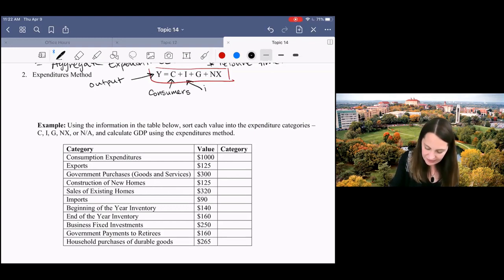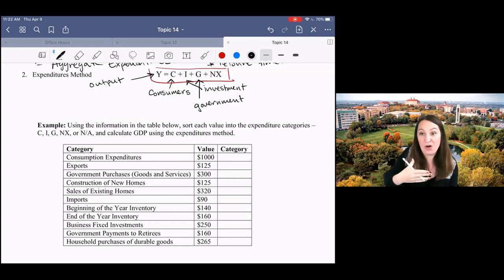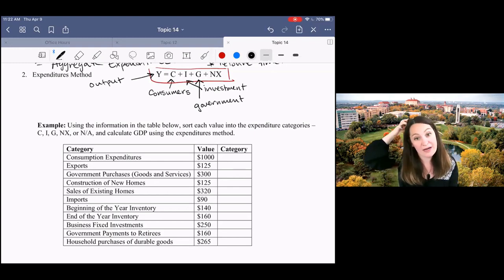I stands for investment, which is business expenditures. So we have expenditures by consumers, expenditures by businesses. G is government expenditures.